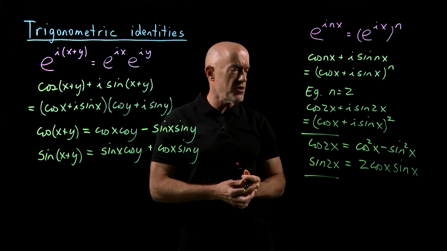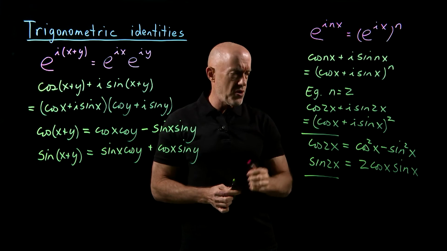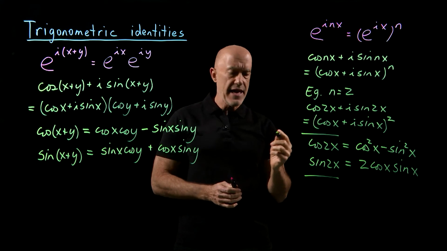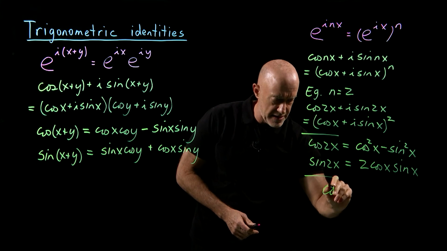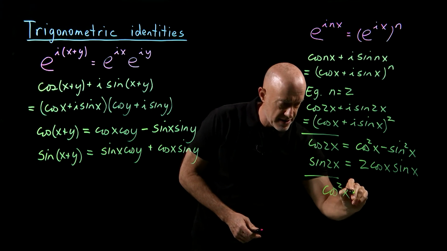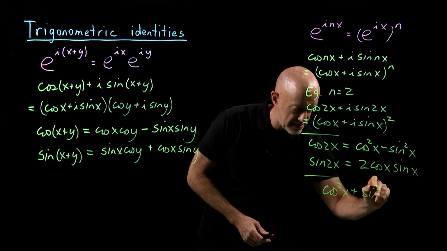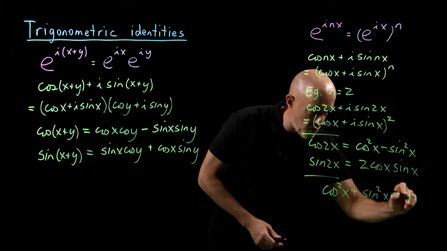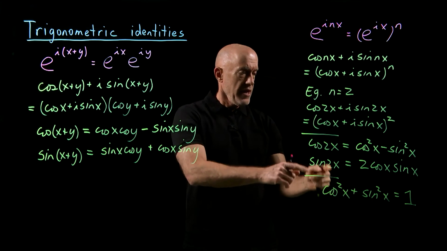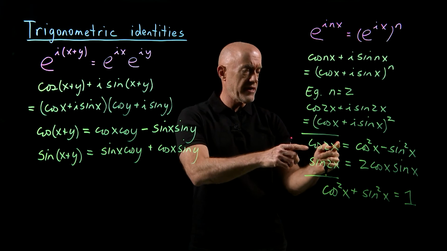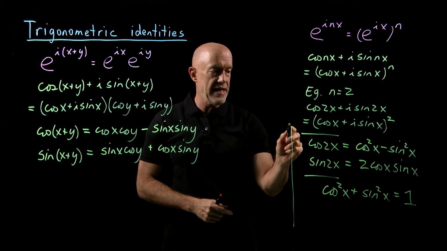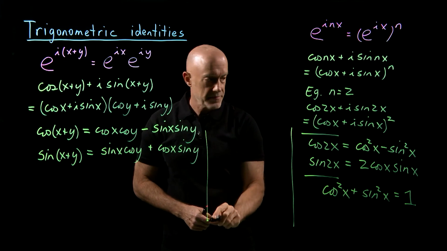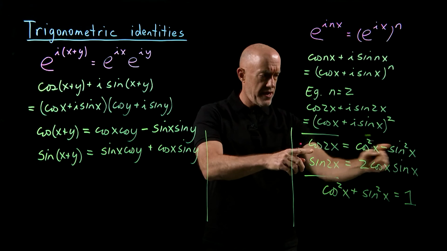When we did integrals, we used two very important identities. They came from our Pythagorean theorem identity. So we know cosine squared x plus sine squared x is equal to 1. If we look at the cosine 2x equals cosine squared minus sine squared identity, then what can we do here?